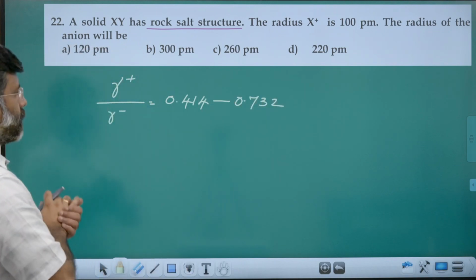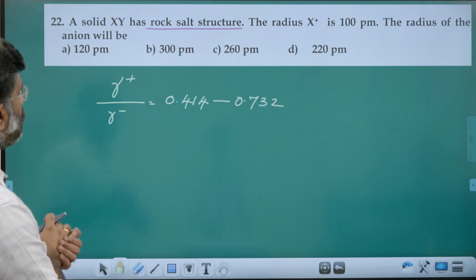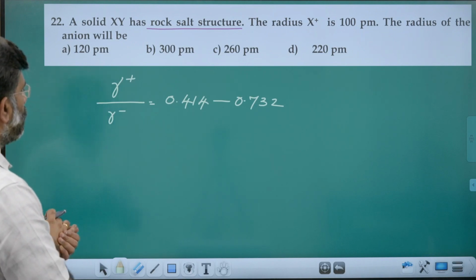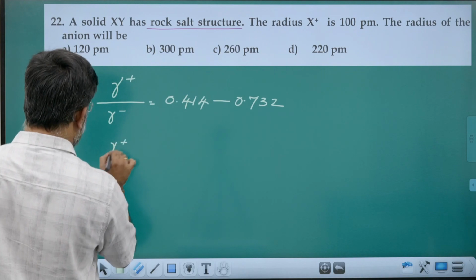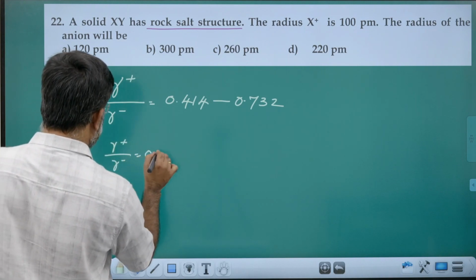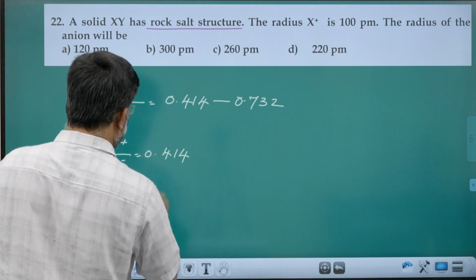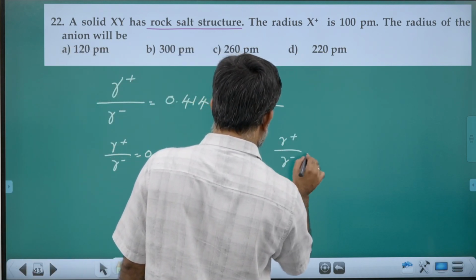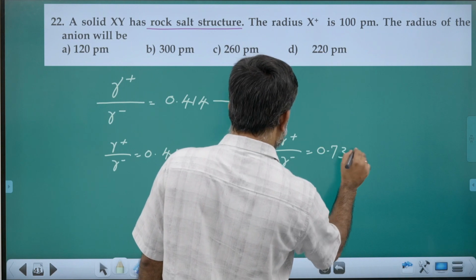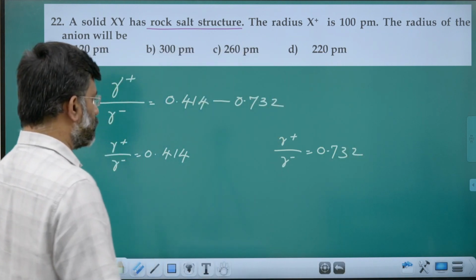This is the radius ratio range. Right? That means the range comes out to be R plus by R minus is equal to 0.414 the minimum range and R plus by R minus is equal to 0.732 the maximum range.